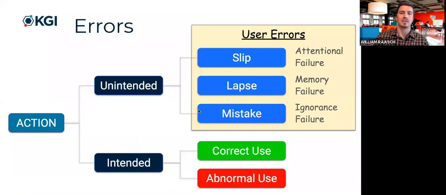A lapse is a memory failure, right? So with a lot of these tools, you can run them perfectly if you remember everything. Sometimes you don't remember. In fact, oftentimes users will forget. So there might be holes in your initial product design that require the user to remember too much about maybe what they've inputted in the past or about instructions on how to use the software.